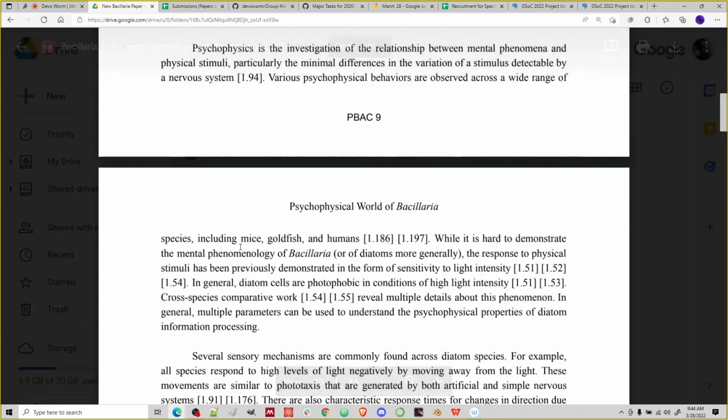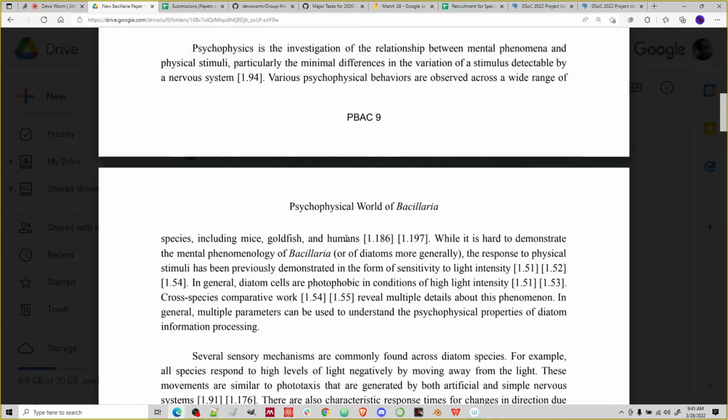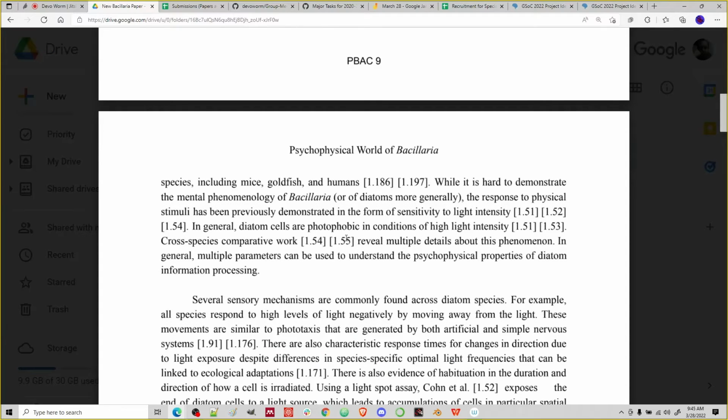They've used psychophysical responses in different animals, including mice, goldfish, and humans, so basically all the vertebrates, and they've been able to work out that it's a cross-species phenomenon. But those organisms all have brains. When you don't have a brain, it's a little bit different approach, but you still have the basics. You look at the different intensities, you look at the stimulus, you look at the response of the organism, and that's basically what you need to do.